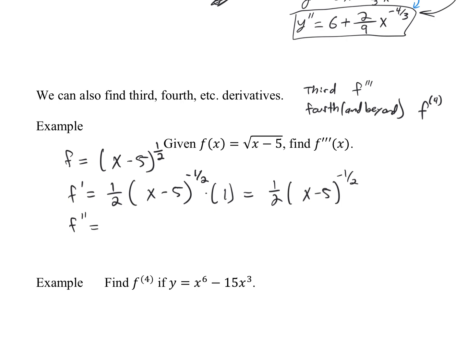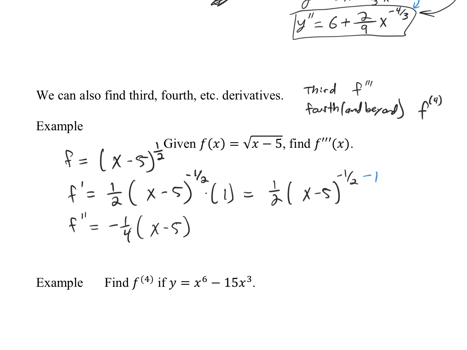Now I'm looking over here when I'm trying to decide what the second derivative is. The exponent multiplies to the coefficient. We can write that down as negative 1/4 times x minus 5 raised up to, we have a new exponent. It should be 1 less than the previous one was.